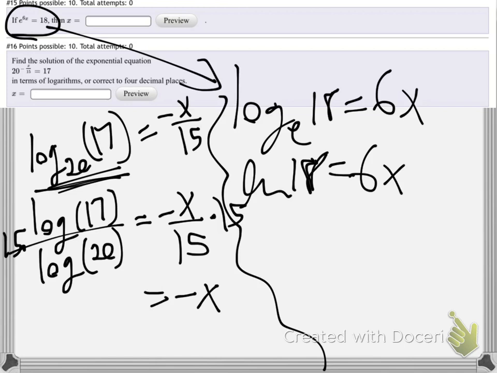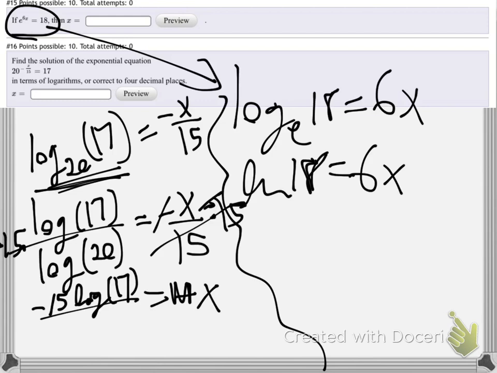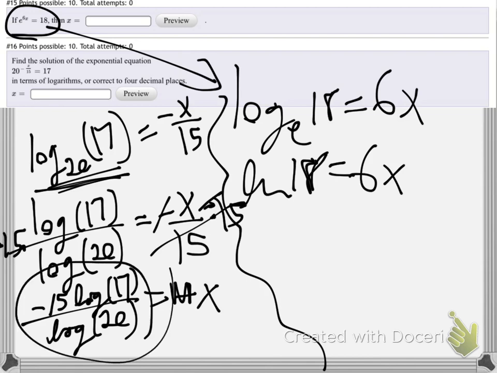Actually, if I times by a negative 15 in the first place, that would help cancel the negatives here, just like it canceled the 15s. And so then we'd have negative 15 times common log 17, all that divided by common log of 20. And just see how that goes calculator style. Or you can shove the whole expression into the answer box, of course.